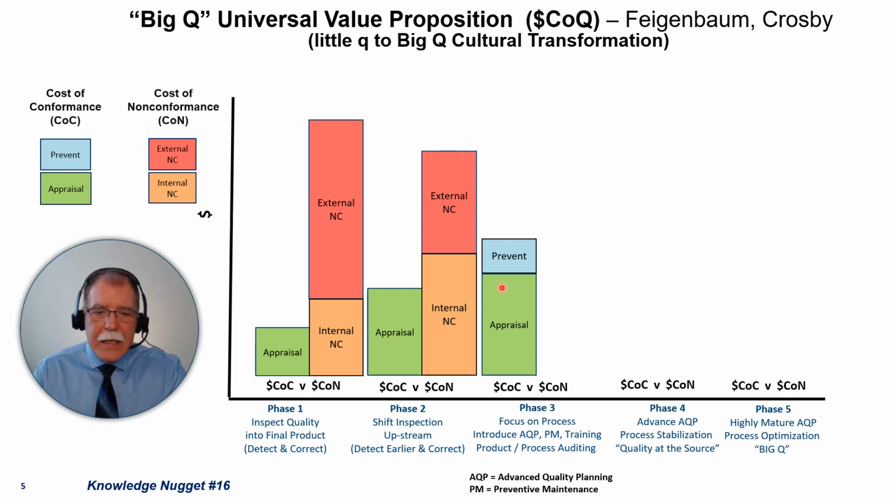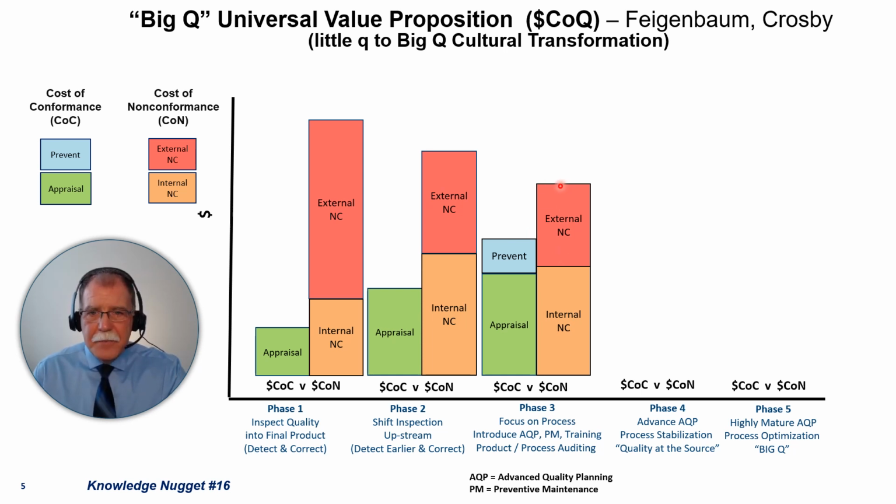I'm training operators and personnel prior to the release of processes into operations, and I'm having an impact. I've lowered the cost of nonconformity again. And you can see that external nonconformities as well as internal nonconformities are now coming down.